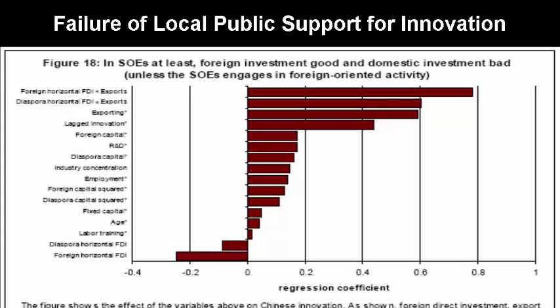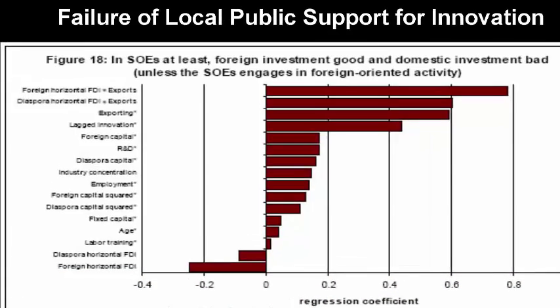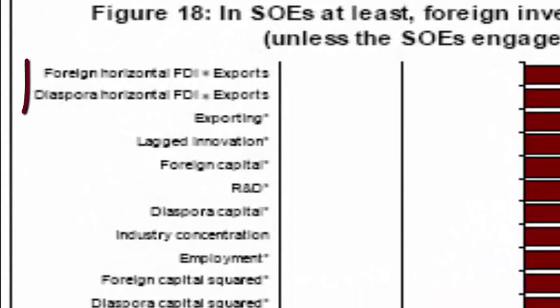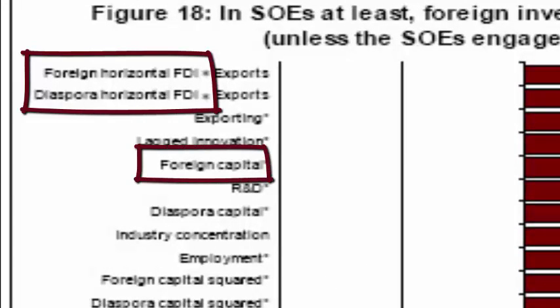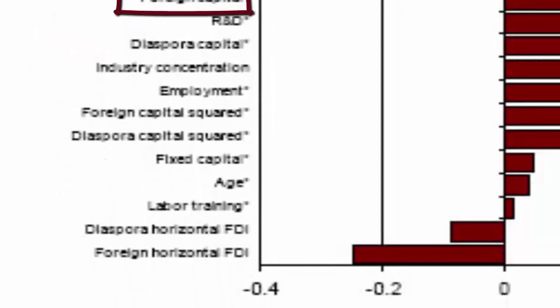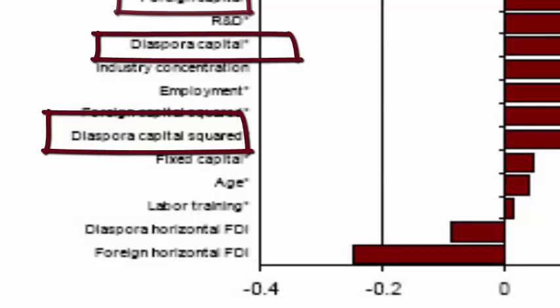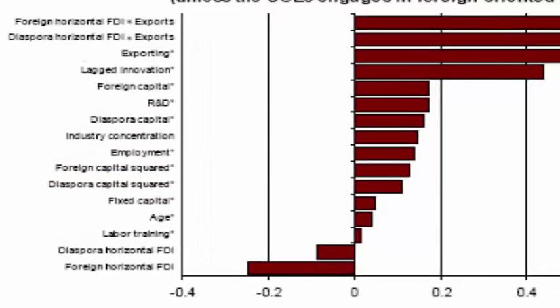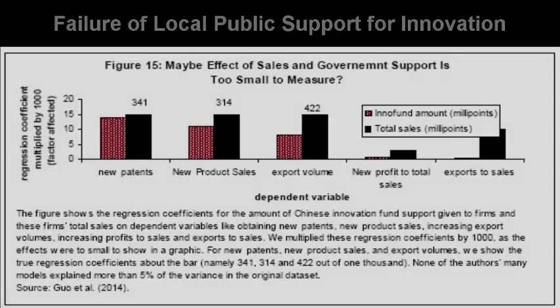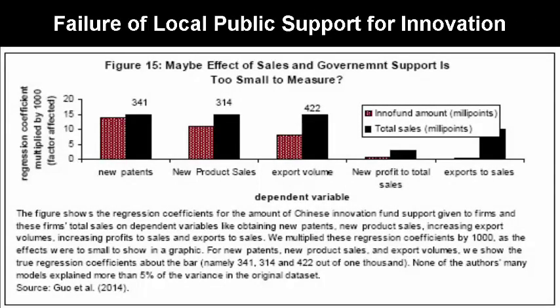They point to not only the significant benefits that foreign investment has brought for innovative companies in the region, but also the benefits that export markets bring. If government support does in fact increase innovation, the impact of such spending may be too small to actually measure.